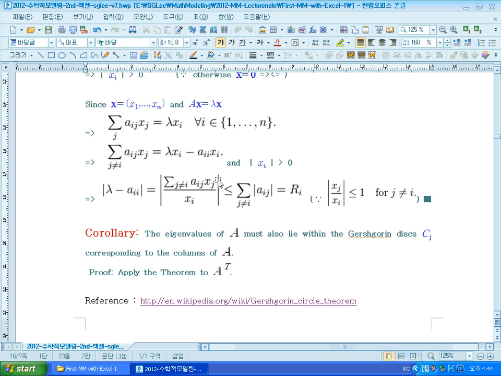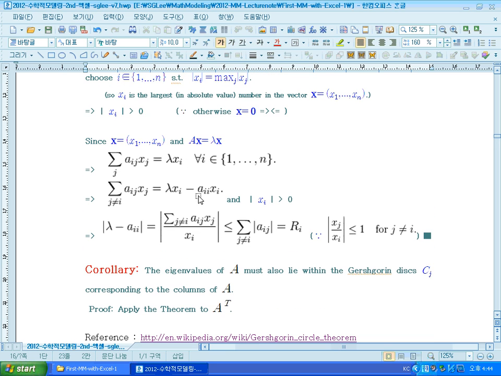Next, since we chose the absolute value of x_i to be bigger than any other absolute value of x_j, we know the absolute value of x_j over x_i is always less than or equal to 1. So we can drop it with the inequality.